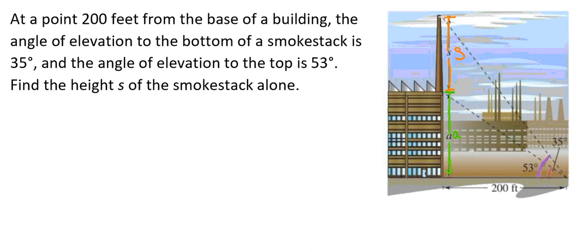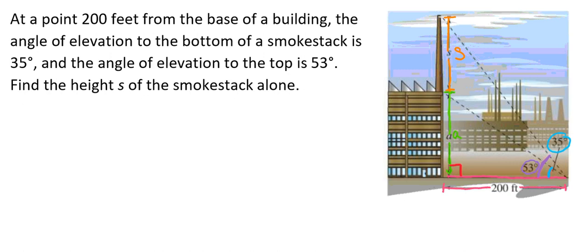Here we see our angle that is the 53 degrees, and here we have our 35-degree angle. So we're going to be dealing with two different triangles. We see that we have a base of 200 feet, and our right angle is right there. So there's our right triangle. And again, we have two of them.